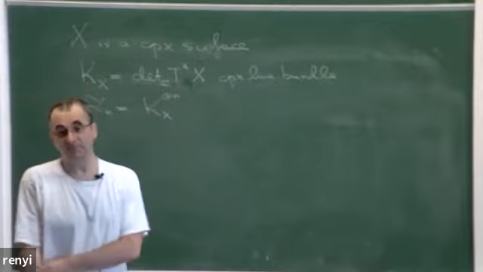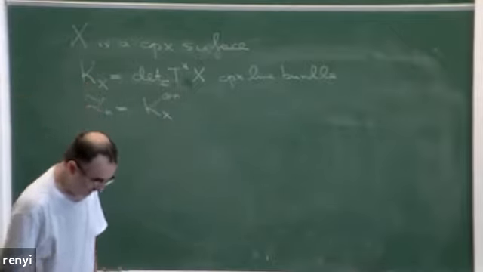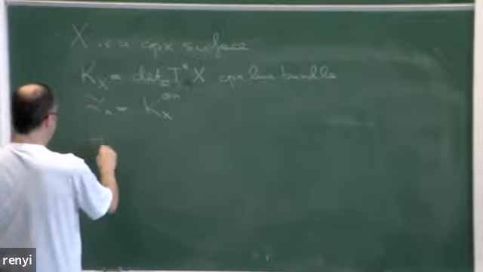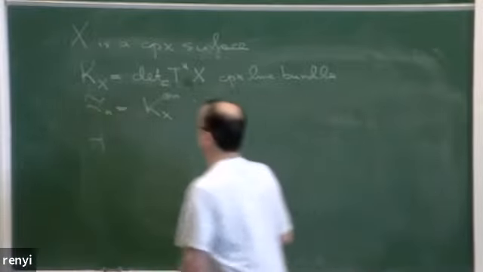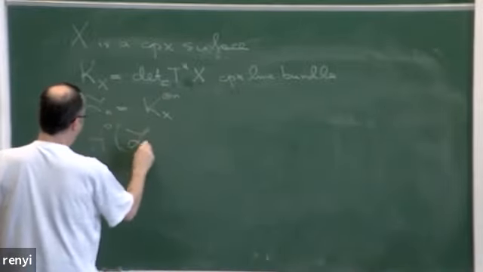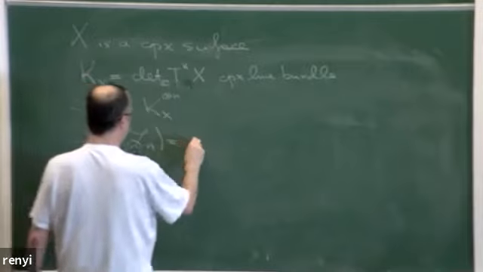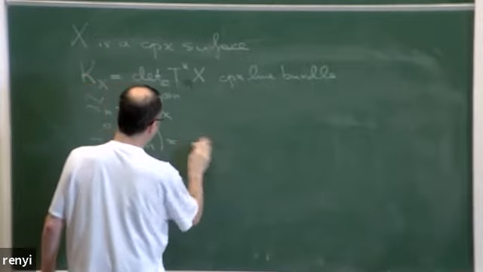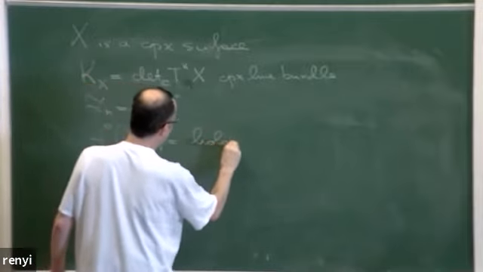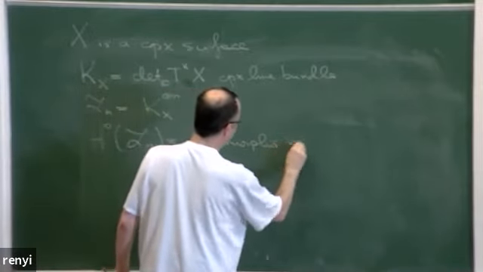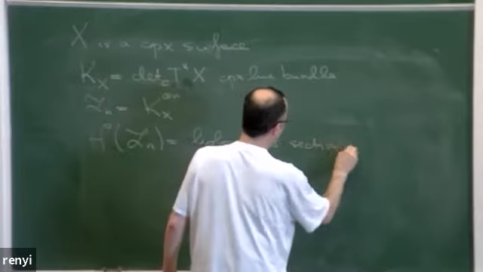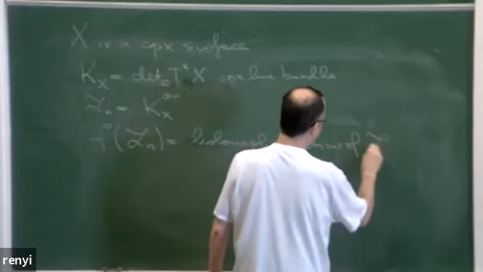So this is still a complex bundle. And then we can take H0 of L^n, this is just the complex holomorphic sections of L^n.